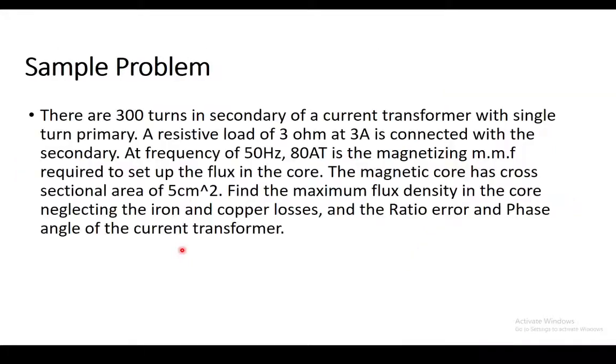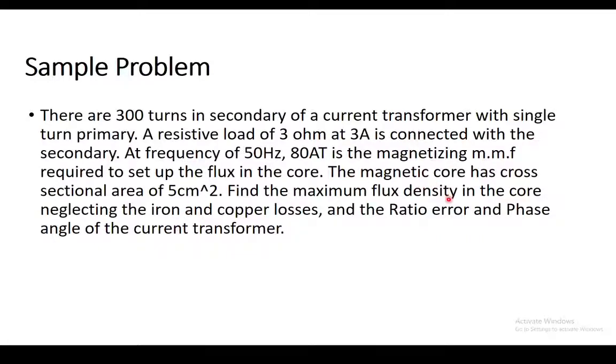So next, we have this sample problem of a current transformer. There are 300 turns in the secondary of a current transformer with a single turn primary. A resistive load of 3 ohm at 3 ampere is connected with the secondary at a frequency of 50 Hz. 80 is the magnetizing MMF required to set up the flux in the core.